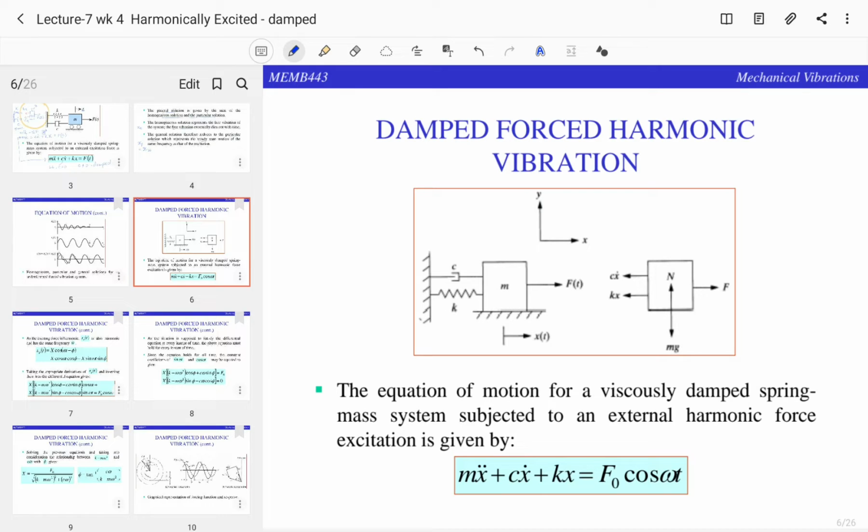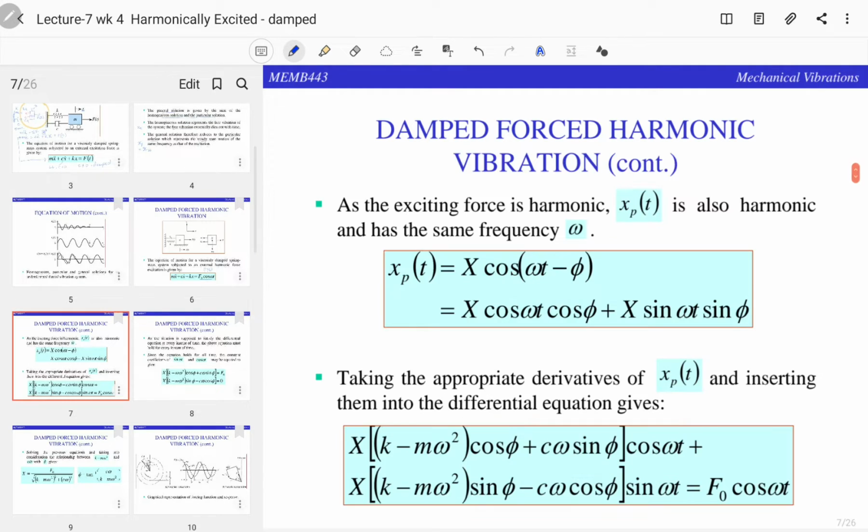So now let's say the model, your F(t), we now define as F naught cosine omega t, which is a harmonically excited system. So let's say the figure is as shown. We are looking into the particular solution or steady state.